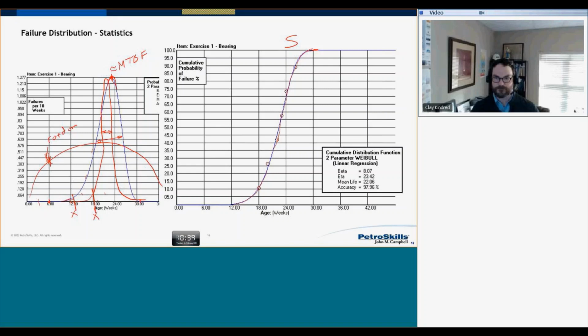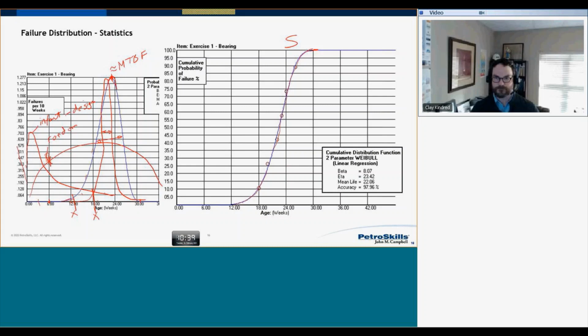If you find you're getting a lot of failures at an early stage, that's when you're getting the infant mortality. That's probably a design error or a commissioning error. So your maintenance strategy now is going to be different depending on the shape of the distribution.